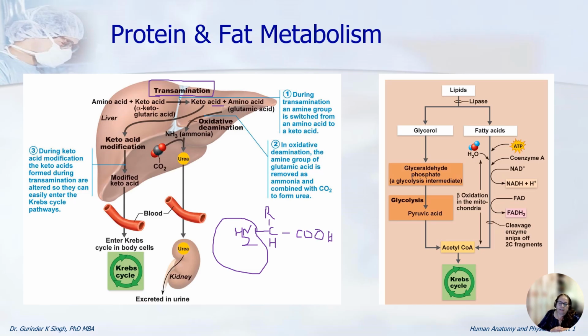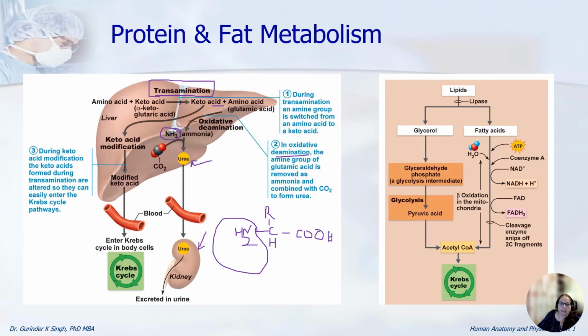You can also remove these amine groups, and the second way is by oxidative deamination, meaning ammonia is released, and then ammonia in the liver combines with CO2, carbon dioxide, to give you urea, and then urea is taken to the kidneys and excreted as urine.